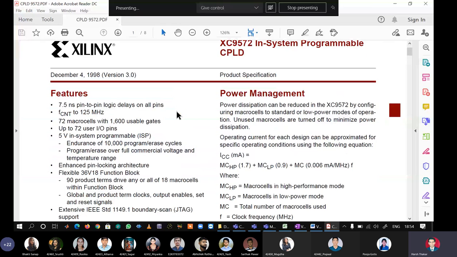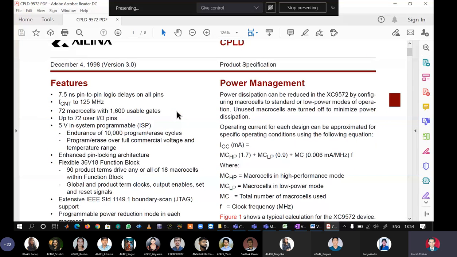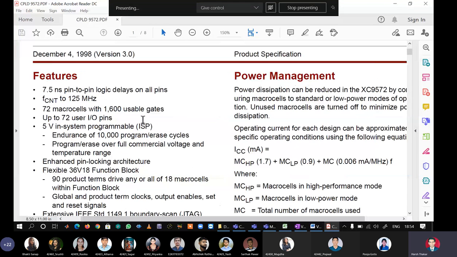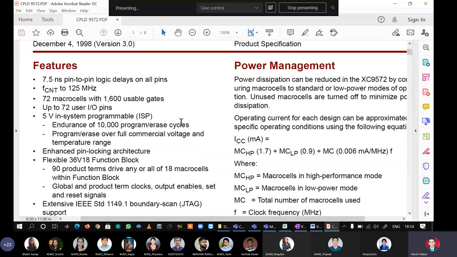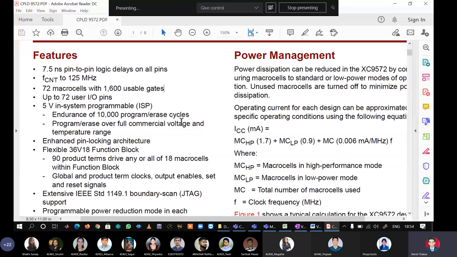Pin to pin delays are 7.5 nanoseconds, 72 macro cells with 1600 usable gates, up to 72 user IO pins. 5 volt in-system programmability. So it is basically an old device, running on a 5 volt system, which is too old.